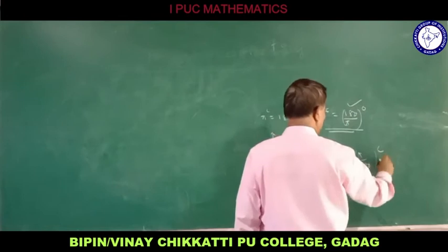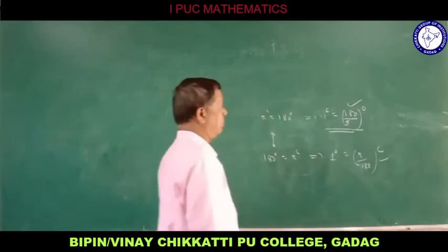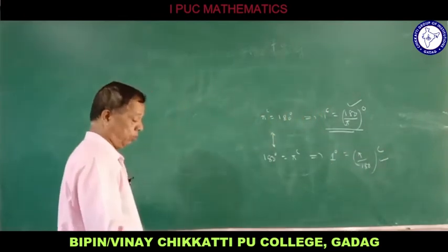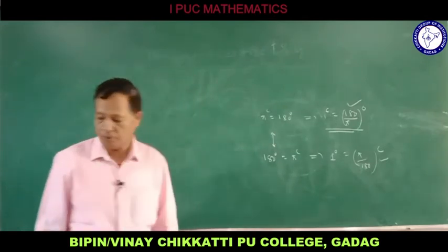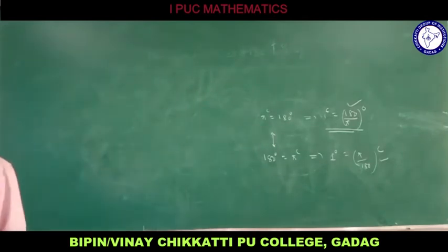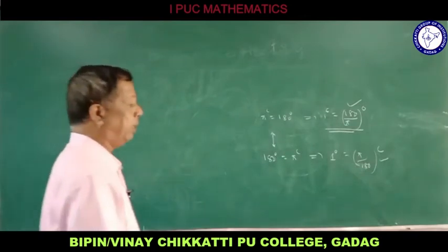These are the two important conversions, degree to radian and radian to degree. So now I want to go for, in general, degree to what?